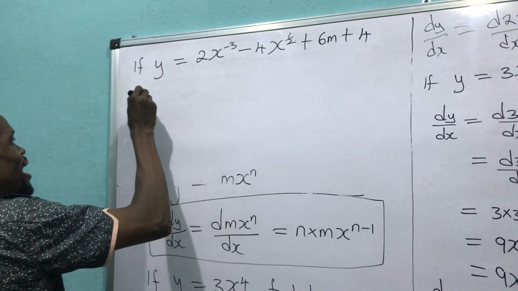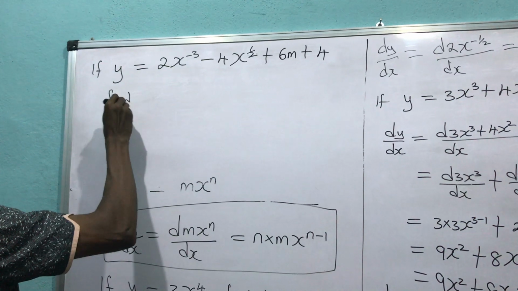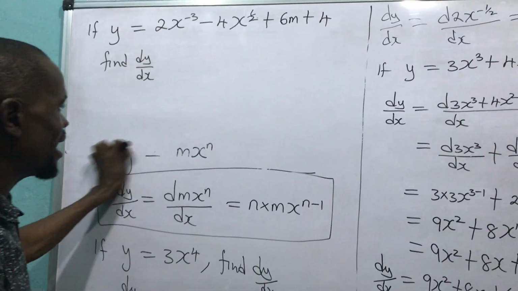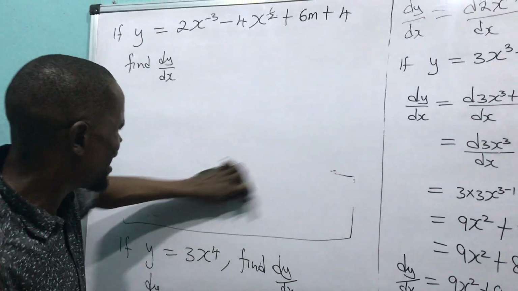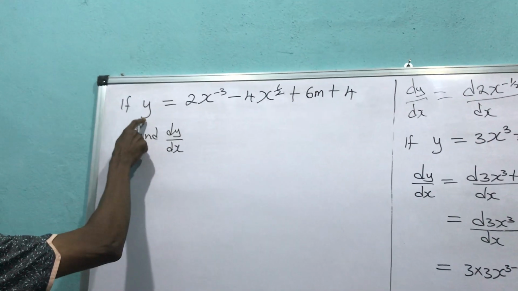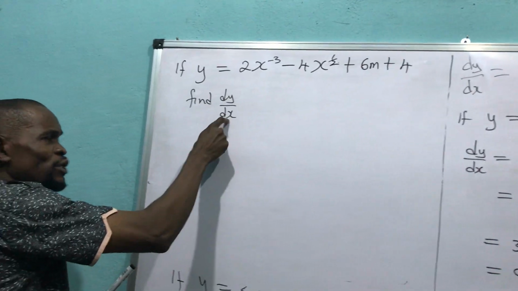We are asked to find dy/dx. That's what we are asked to find. What does this dy/dx mean? It means that we are differentiating this function y with respect to what?